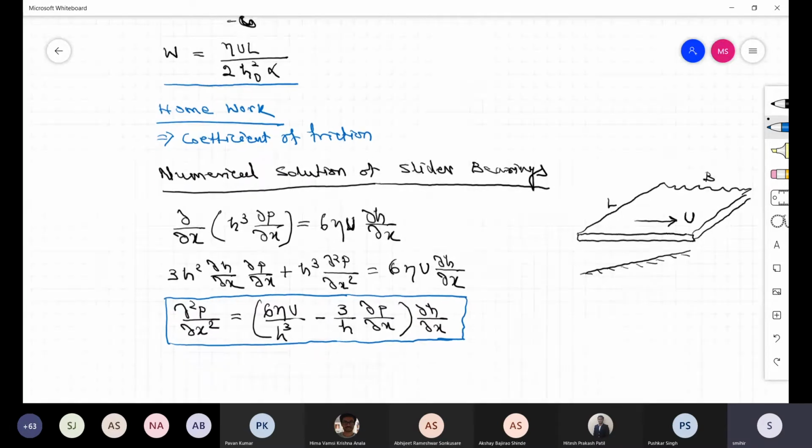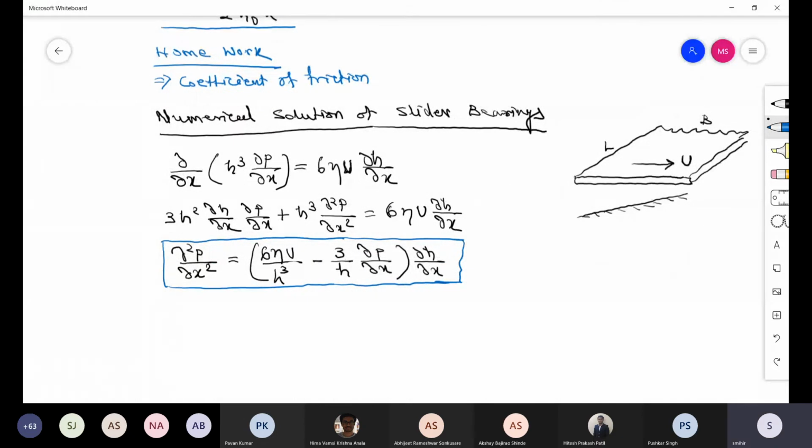So first of all, there are various numerical methods or solutions or techniques available. You might be knowing already: finite element method, finite difference method, finite volume method. So here we are going to use finite difference method.